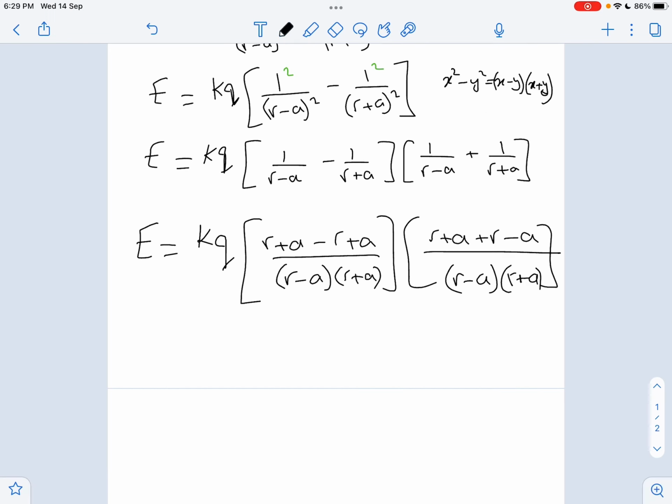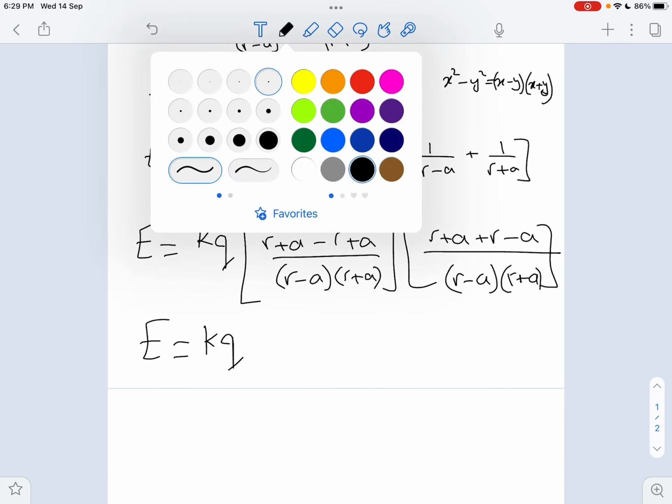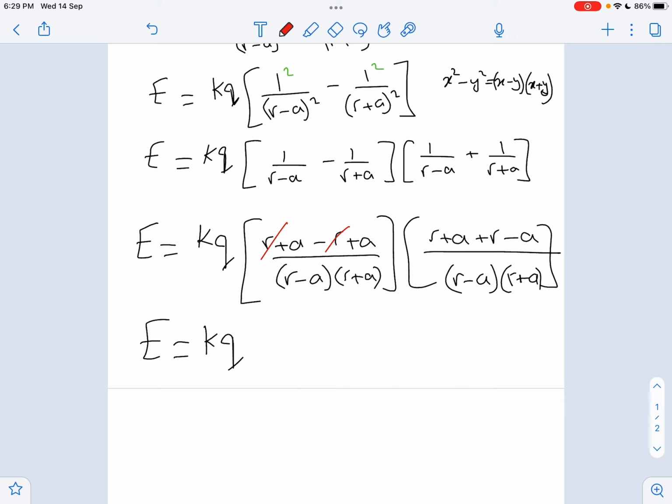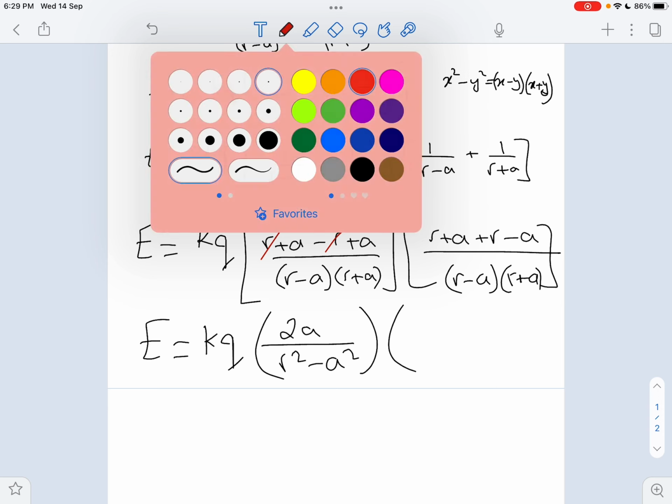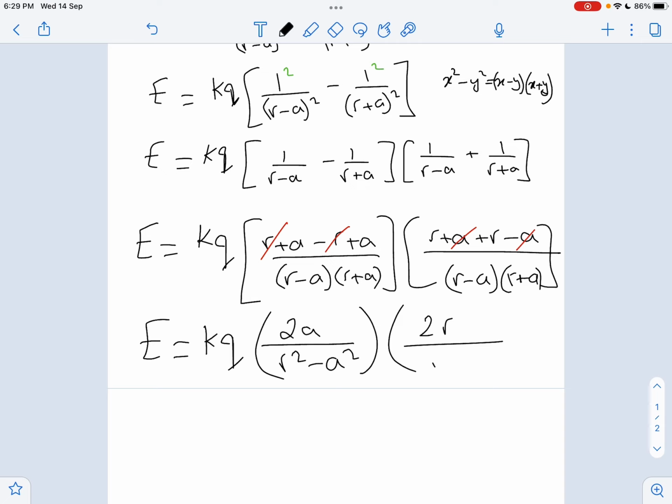Okay, so we still have 2 more steps. E is equal to KQ. You will cancel now r minus r, and hence you will get 2a. And r minus a into r plus a, this one also is like x minus y into x plus y, so you will get r squared minus a squared. Same thing here. A minus a will cancel, and you will get 2r over also r squared minus a squared.